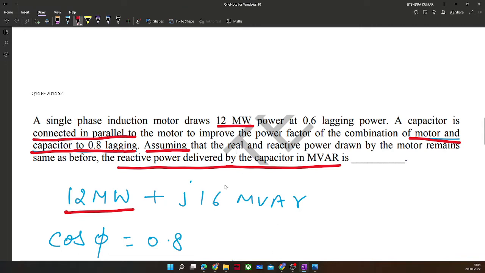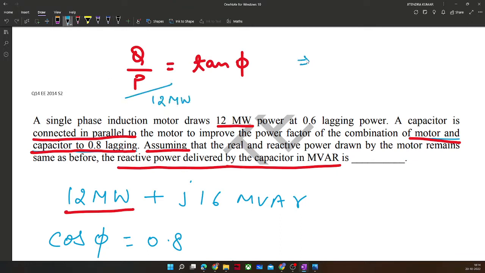So for that purpose, after this single phase induction motor was taking this power, and when this power got converted into reactive power, we all know Q by P is equal to tan phi. So if we know P, that will be 12 megawatt.